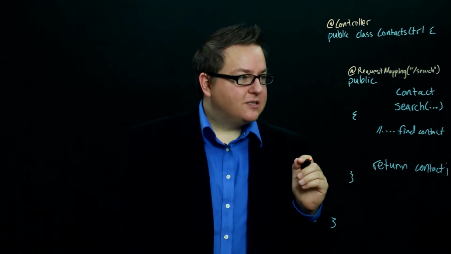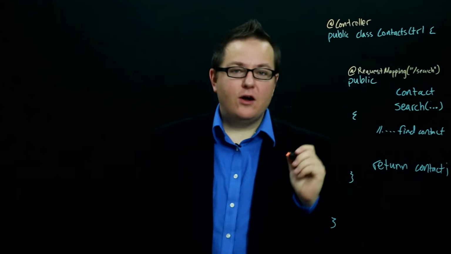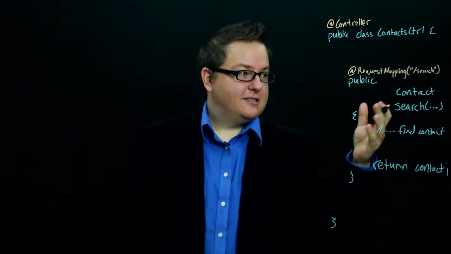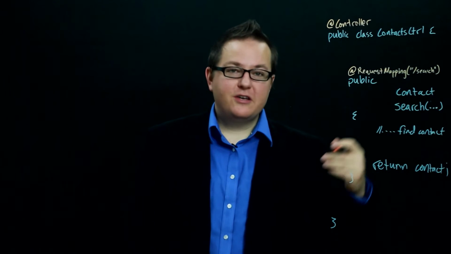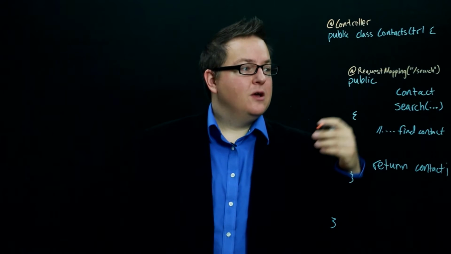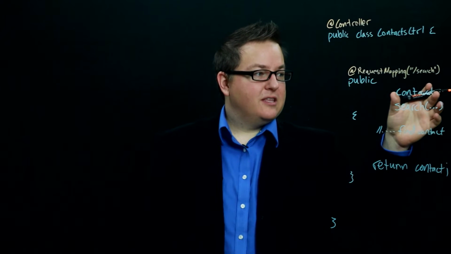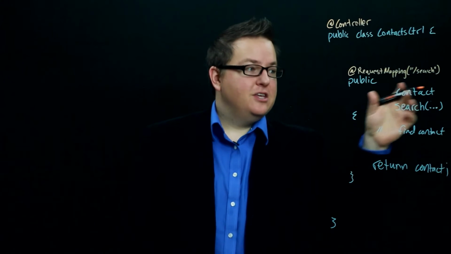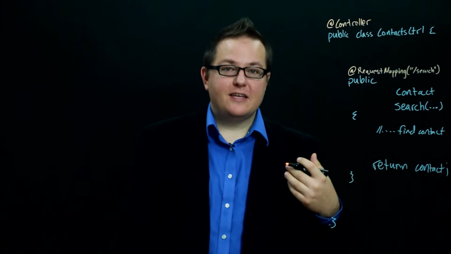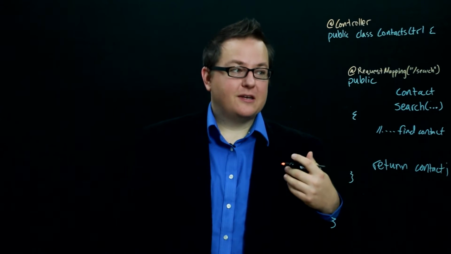So in Spring, when we declare our response, we declare it by specifying what the return type is for the method. And what we want to do is tell Spring that you should look at the return type and you should automatically use it as the body of the response that you're sending back to the client.